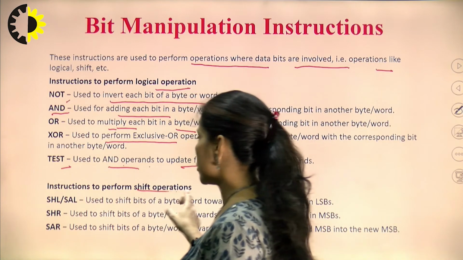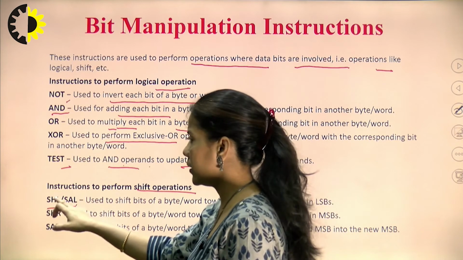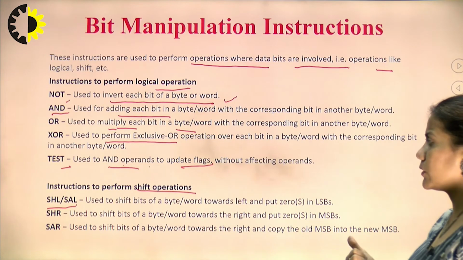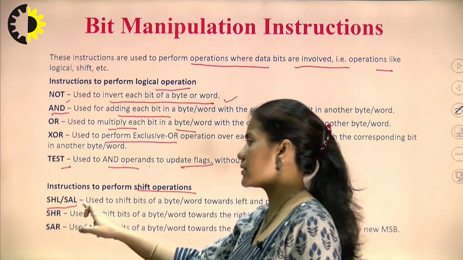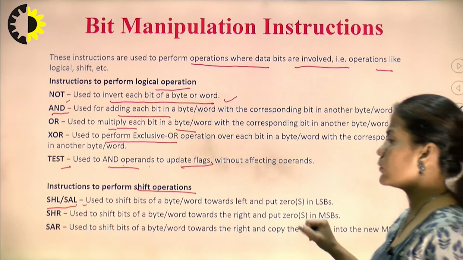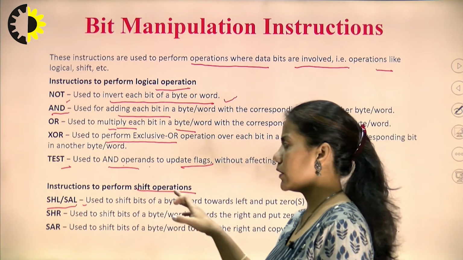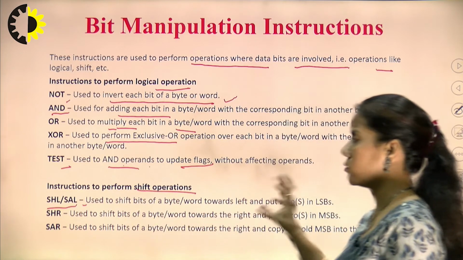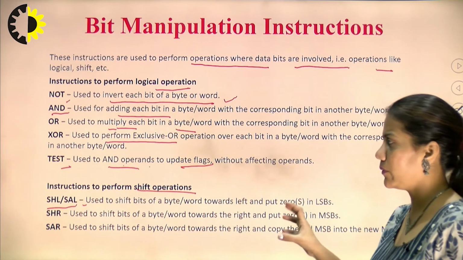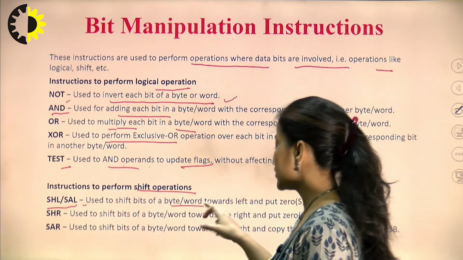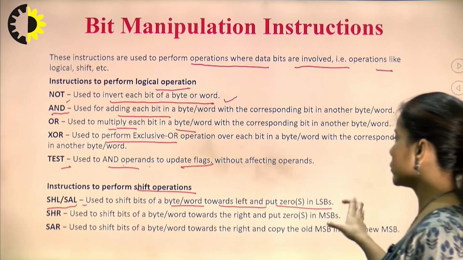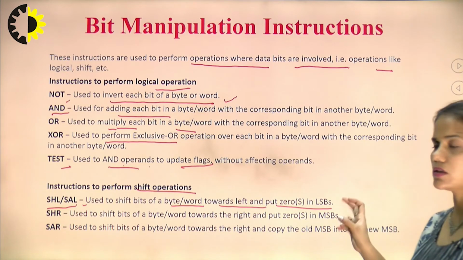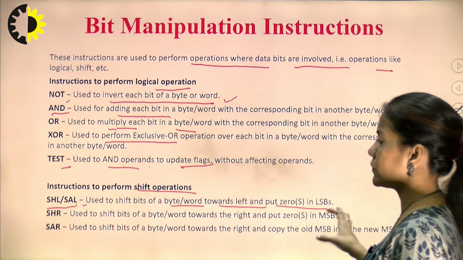Next category is the shift operations, SHL and SAL. SHL represents the logical shift left, and SAL represents the arithmetic shift left. So logical and arithmetic left shifts are the same. After logically or arithmetically shifting the byte or the word towards the left, zeros will be put in the least significant bits. So this is how logical or arithmetic left shifting is done.